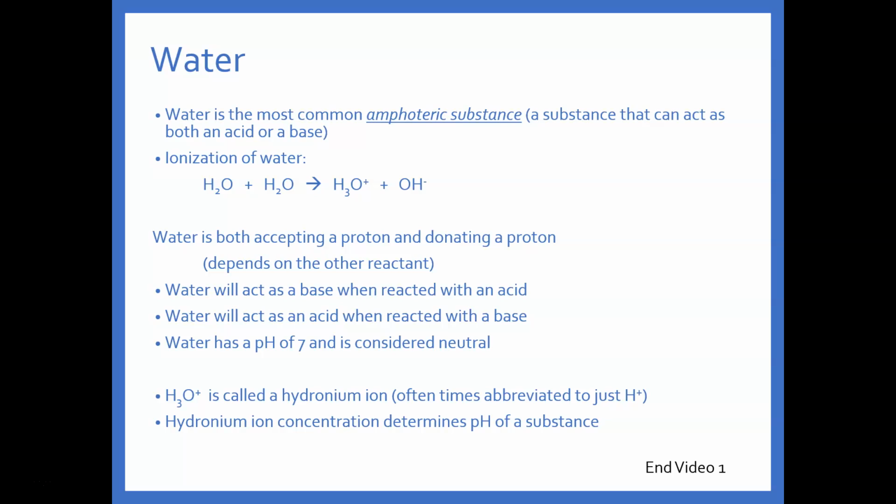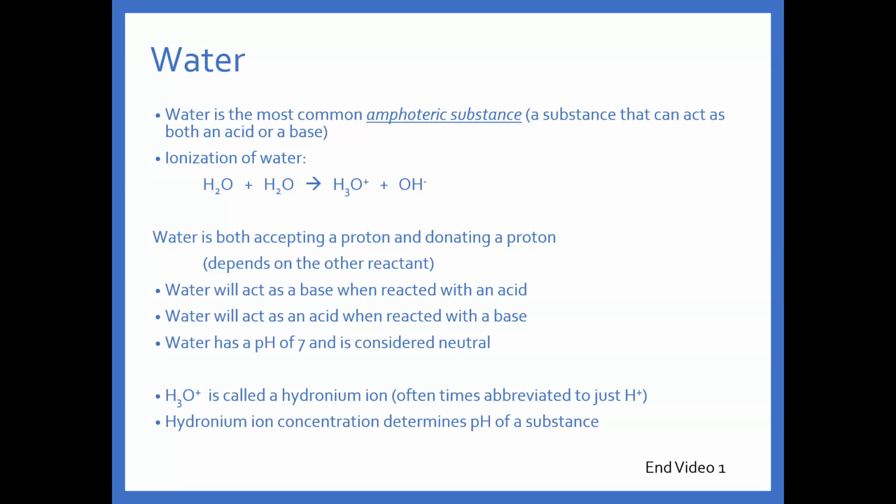So you notice that water is behaving as either an acid or a base in these equations. You can't reliably predict it until you predict the other one. That's because water is the most common amphoteric substance, and that means it is a substance that can act as both an acid and a base. The reason for that is how water ionizes.